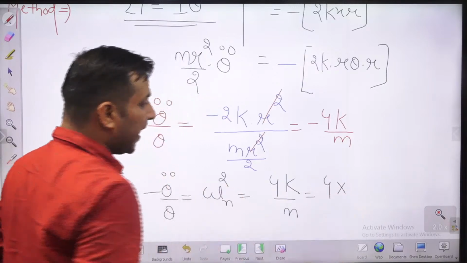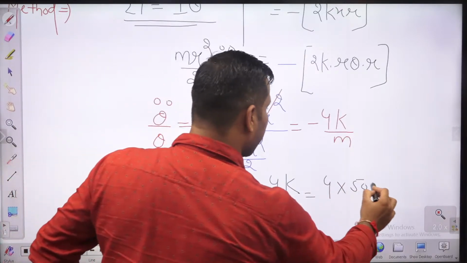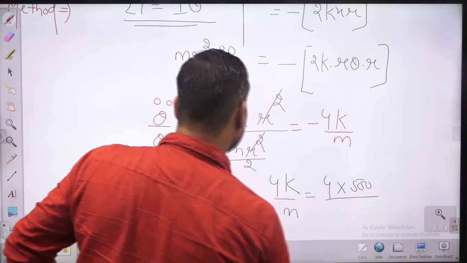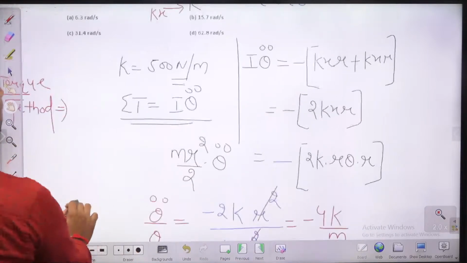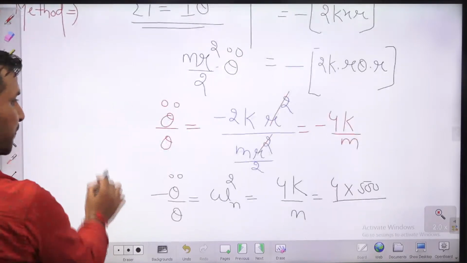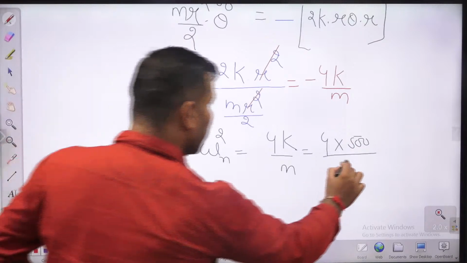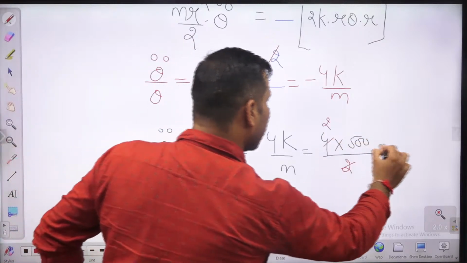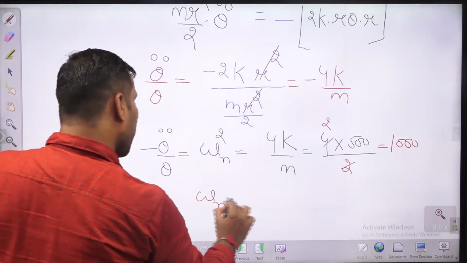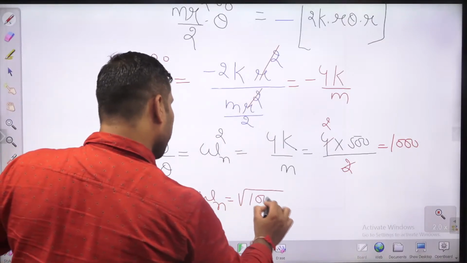4 into how much is k? Stiffness is 500. How much is the mass? Mass is 2 kg. So you will get 1000. So omega n will be under root 1000.